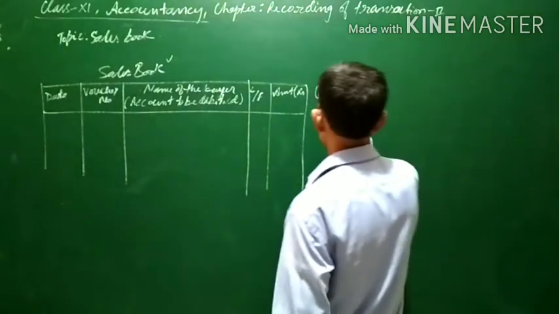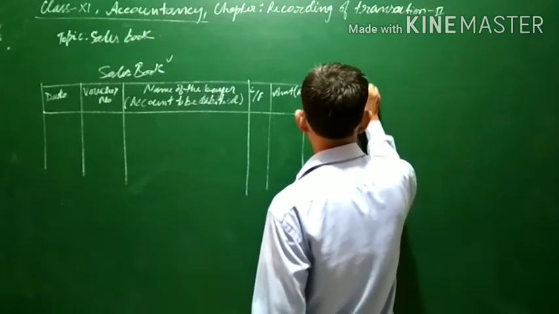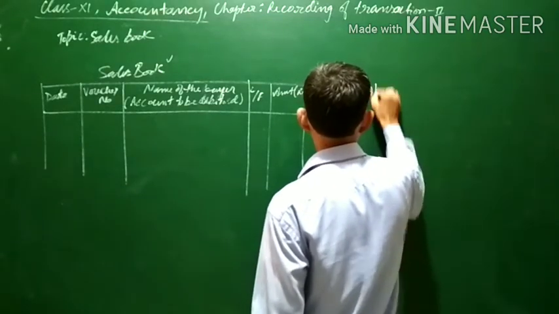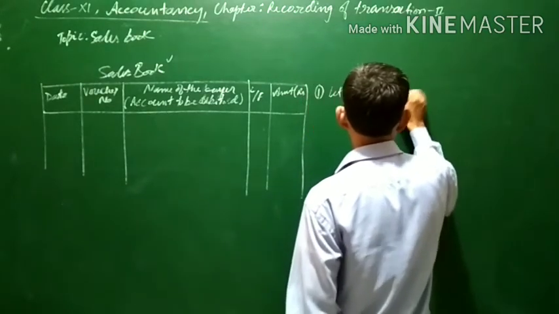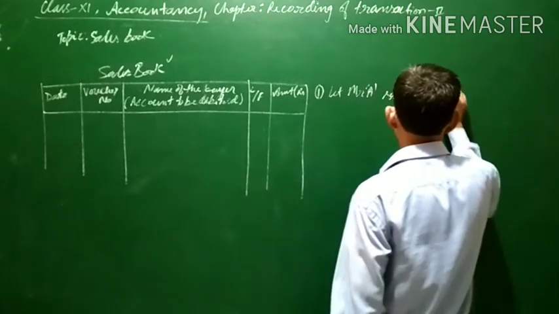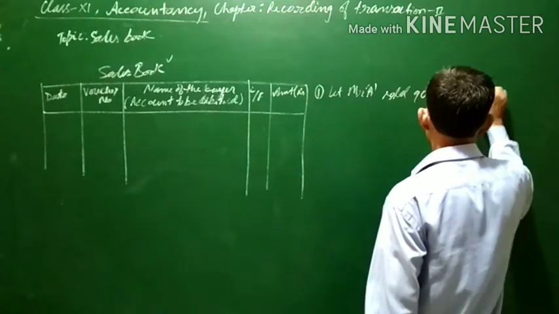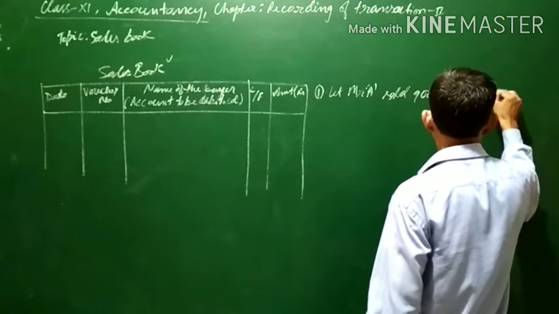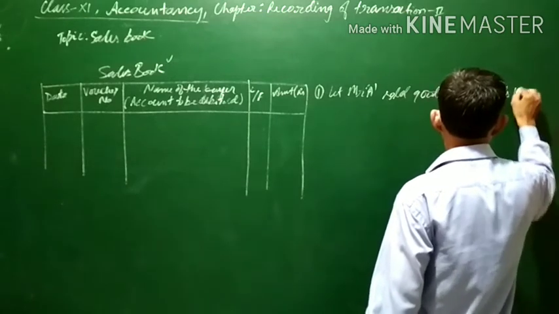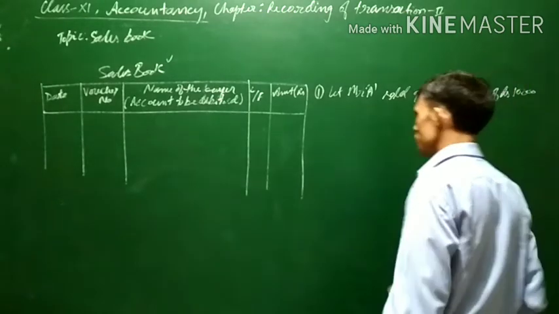Let Mr. A sold goods to Mr. B of rupees 10,000, say.